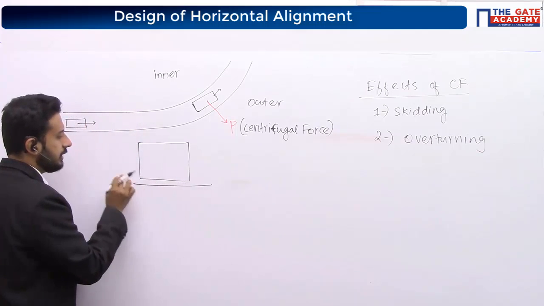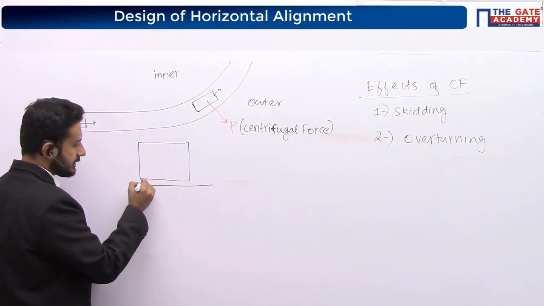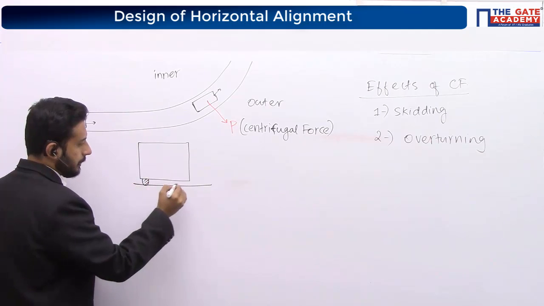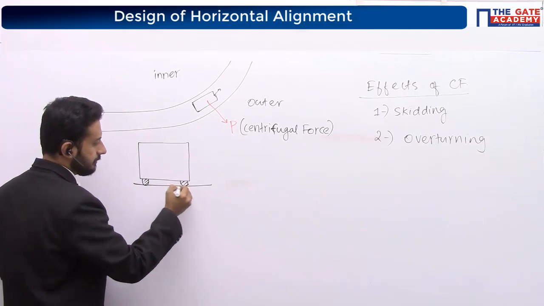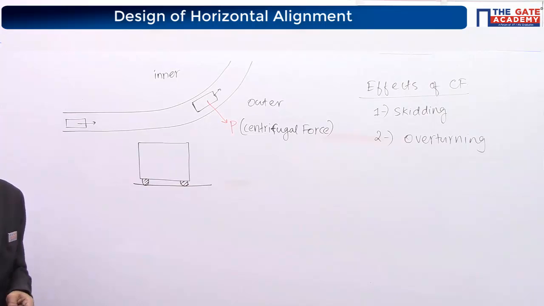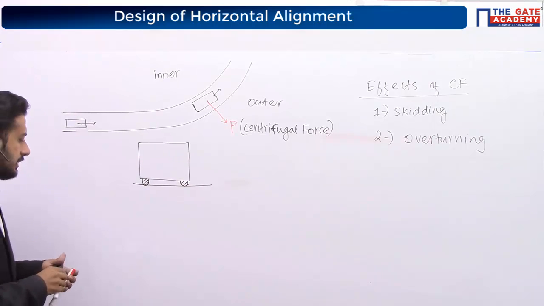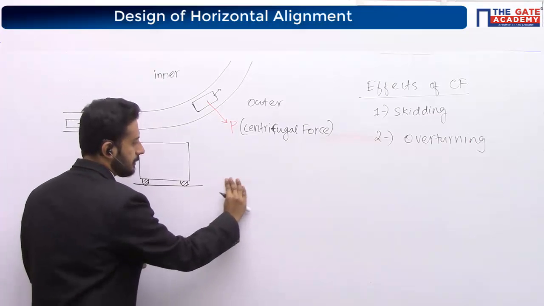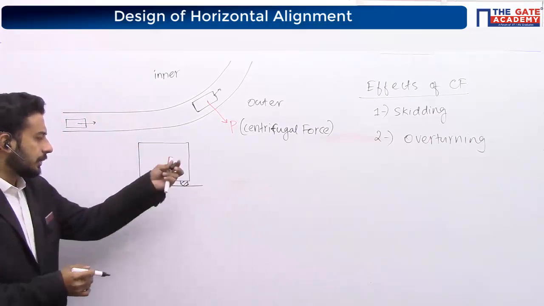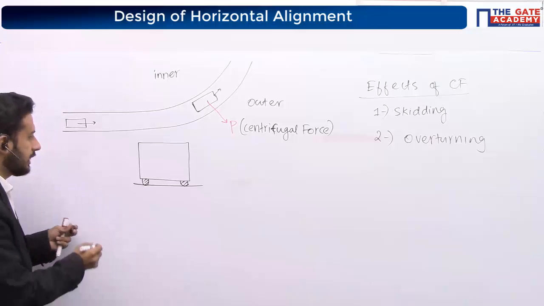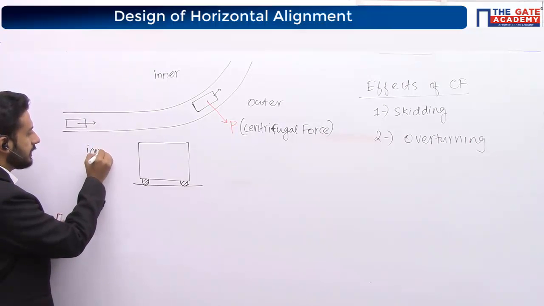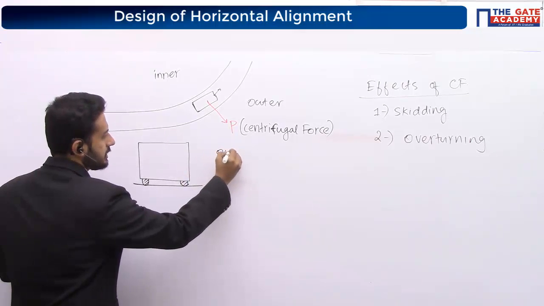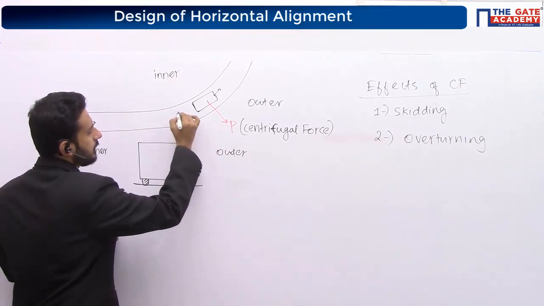One tire you will see somewhere here and the other tire you will see somewhere here. Simply I am drawing one figure. Now what happens? This is our width of the road, 3.75 meters something, whatever it is. Now I told you centrifugal force will be acting. I told this is the inner side of the curve and this is the outer side of the curve. That is, you are looking from this side.